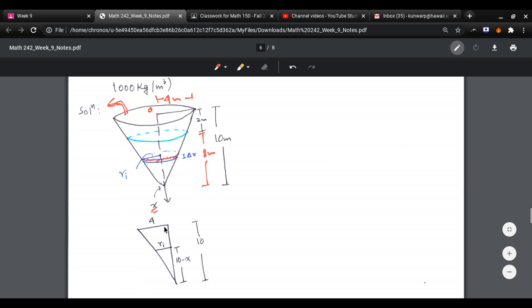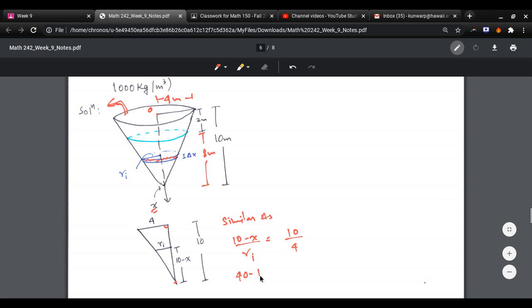This right angle triangle on the cone, this is 4, this is 10. At any distance x, if this is x, then this is 10 minus x. This is Ri. Now, using similar triangles, I have some ratios that can be equated. For example, from the small triangle, 10 minus x over the radius equals the height of the big triangle over 4.